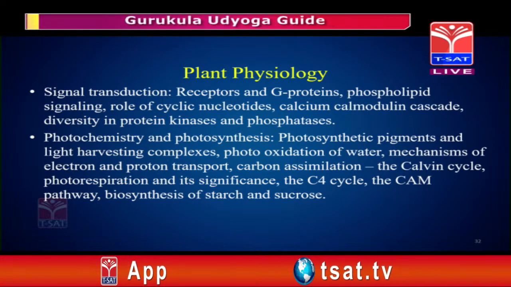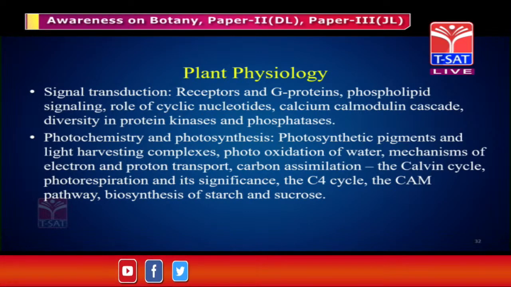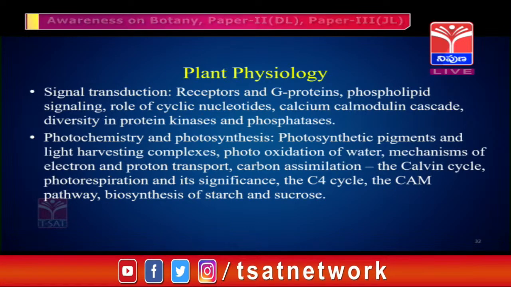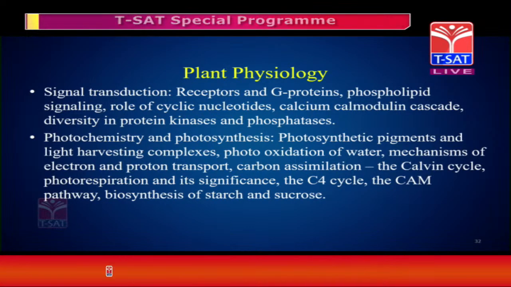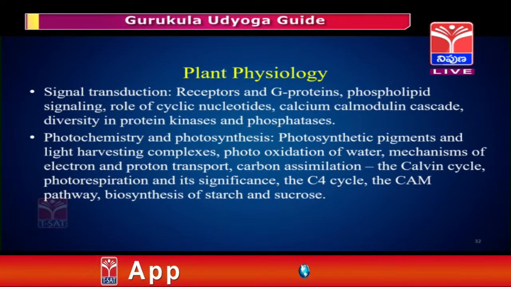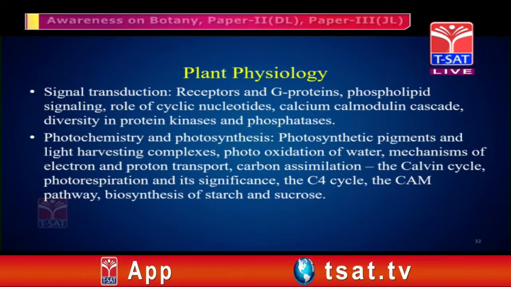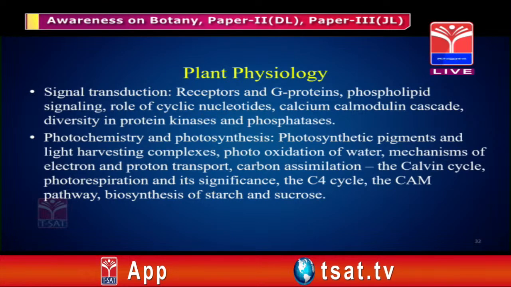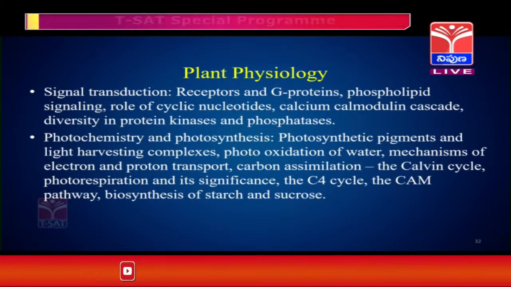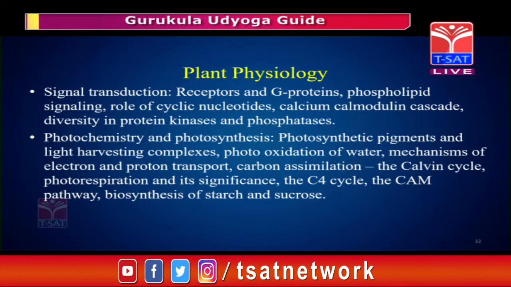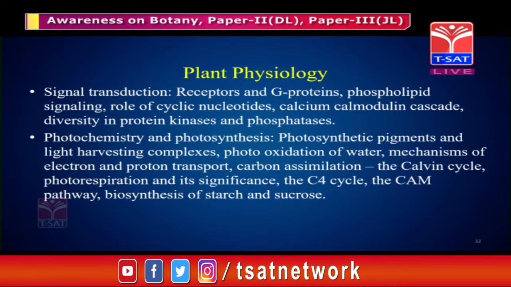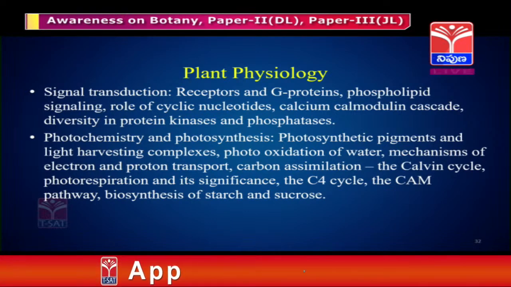You have to learn what is the primary acceptor of carbon dioxide, what is the first enzyme which is working on it, what is the first stable product, what is the end product, how many ATPs are produced or utilized, how many NADPH are used. So this kind of comparative study between CAM, C4 and C3 cycles has to be learned, because the questions might come in this, like what is the primary acceptor or something like that.